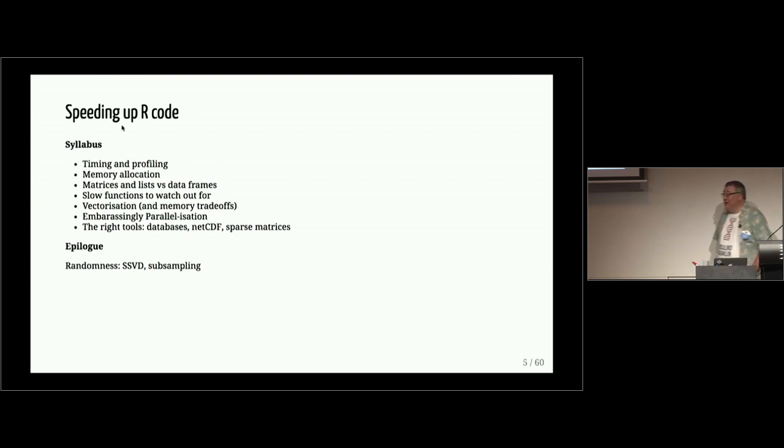So we're going to look at ways of speeding up R code. The most important part of this is timing and profiling. Then we'll look a bit at memory allocation, types of storage that are faster or slower, particular functions that you might not have realized were slow, vectorization, which I'm sure you've heard of, and the time and memory trade-offs you get when problems get bigger.